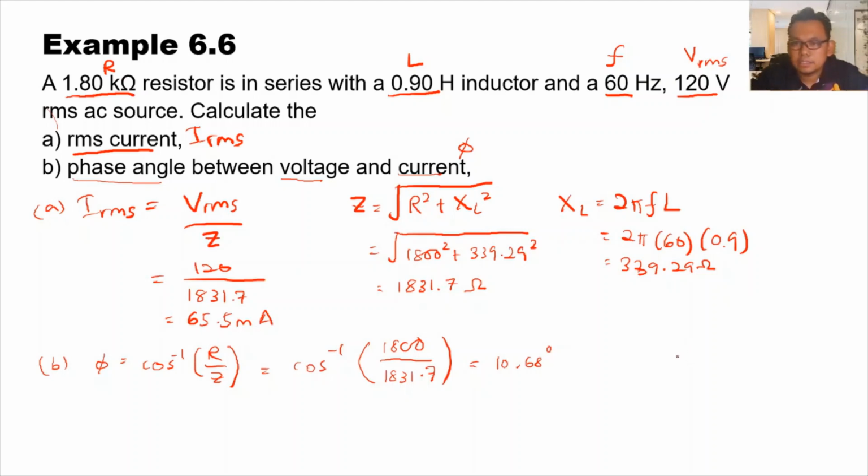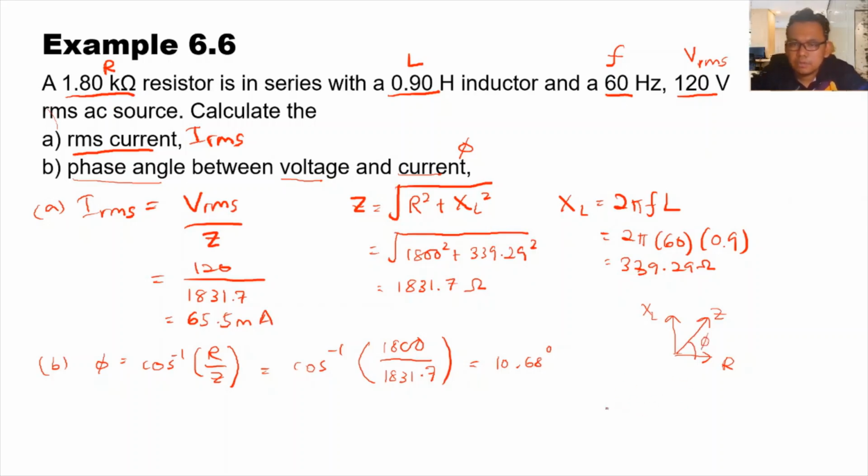So if you want to draw the phasor diagram, we have the arrow for R, and this is XL. This is also the arrow for the resistance. So this is the impedance Z, and this is the angle.